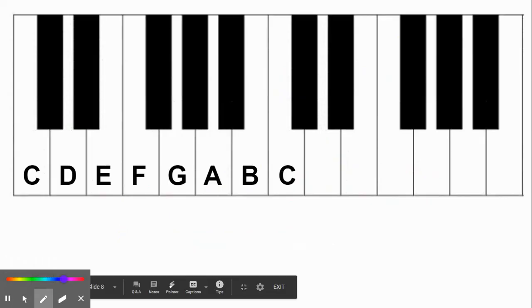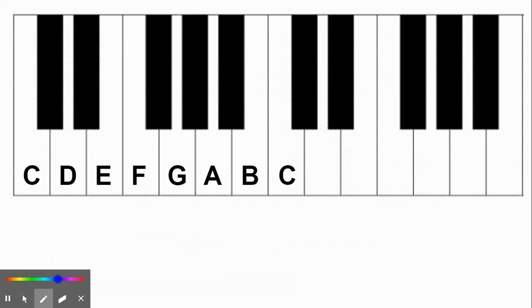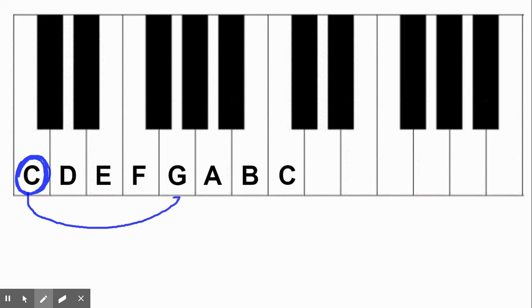If we start with a C major scale, C is going to be our root for this scale, and we go up to G. 1, 2, 3, 4, 5. We have already learned this is a fifth.